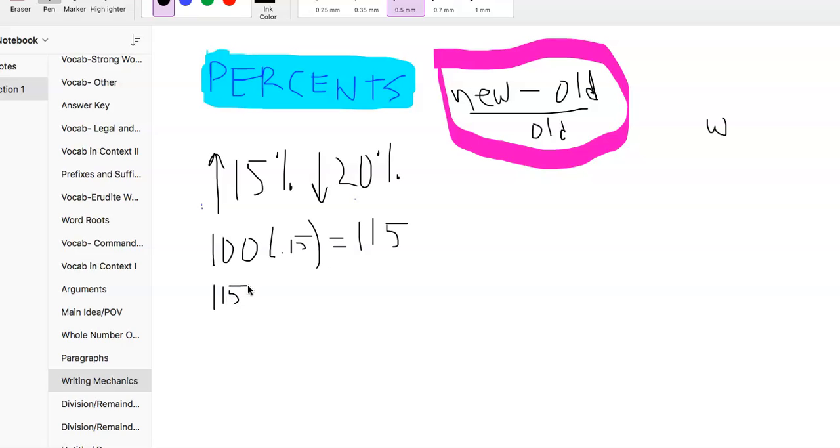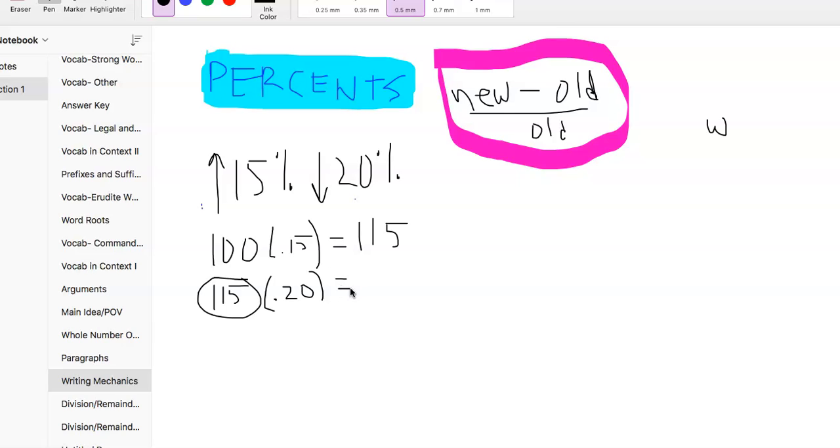And here's the reason why you're not going to get down 5%. It's because I'm multiplying by a new number, I'm multiplying it by that 115. If it was just 100 times 0.15 and 100 times 0.20, you would get the answer of down 5%.